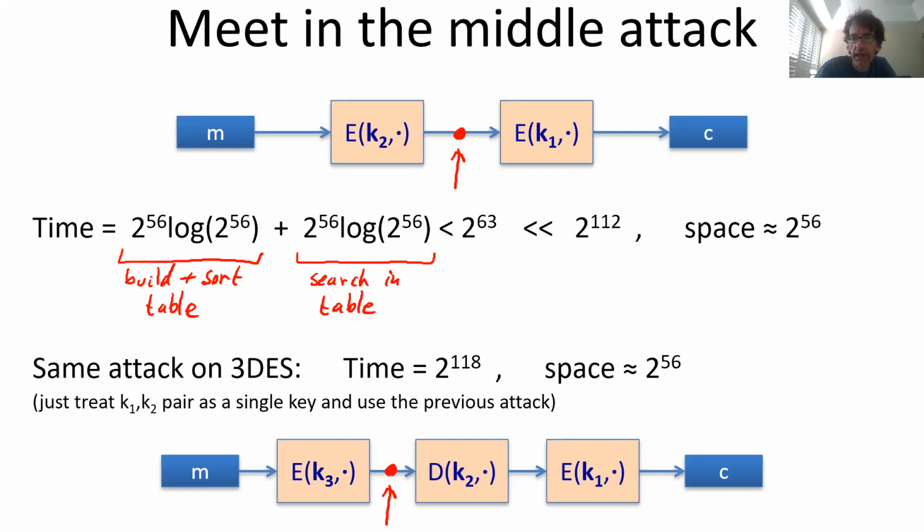So that's 112, plus the logarithmic factors for binary search and sorting. Well, the sorting not really, because in this term it does not dominate, but for binary search. So hence from 112 bits you went to 118 bits of security.